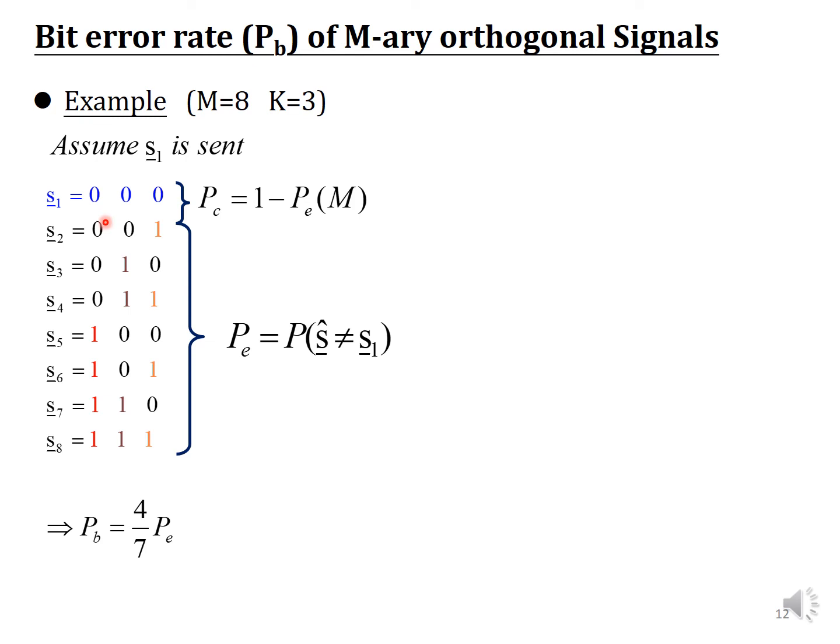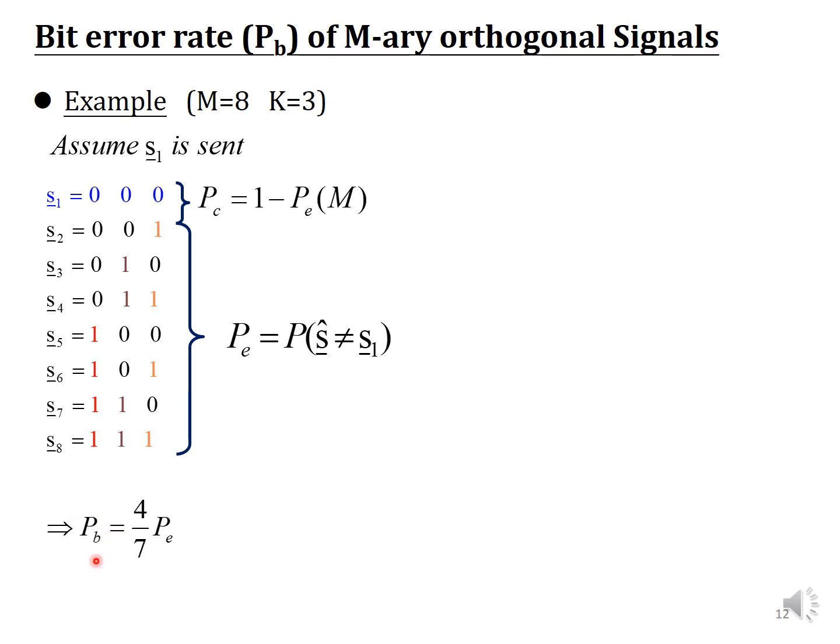In these 3 cases, even though the symbol is in error, the bit is correct. So only 4 out of 7 error cases make this bit in error. The same for the second bit: there are 4 cases out of 7 that have the penalty of bit error. The same here: 4 out of 7 cases have the bit in error.